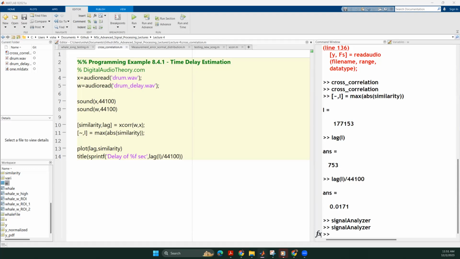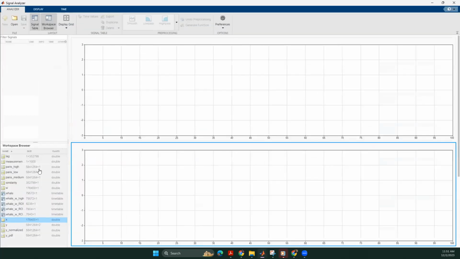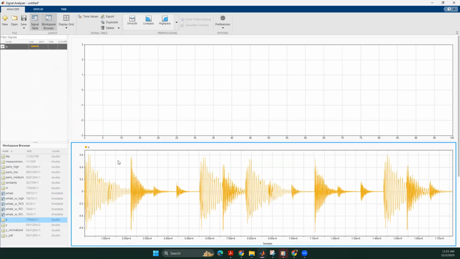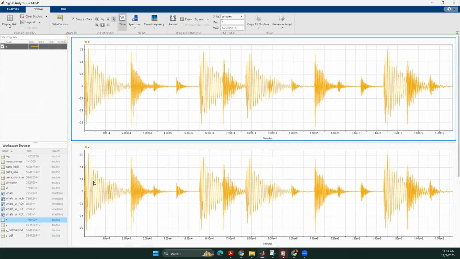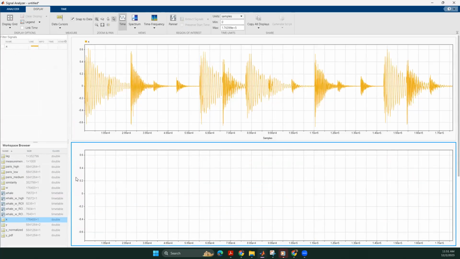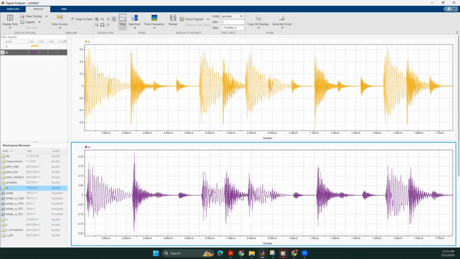Then I can observe the signals from this workspace. Anyway, it appeared here. I will go to this and put the signal there, and then remove it from here. The delayed version I will drop in here and observe in the second screen. These are the two signals that we are trying to compare.